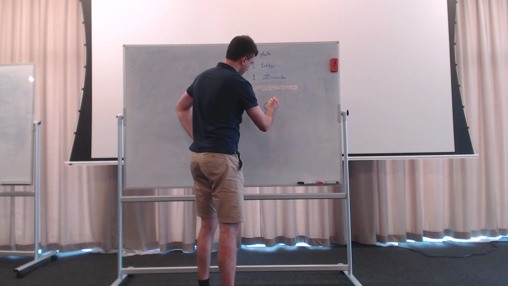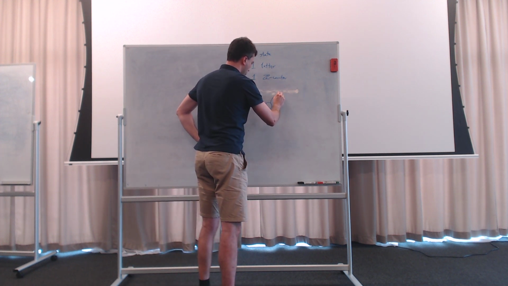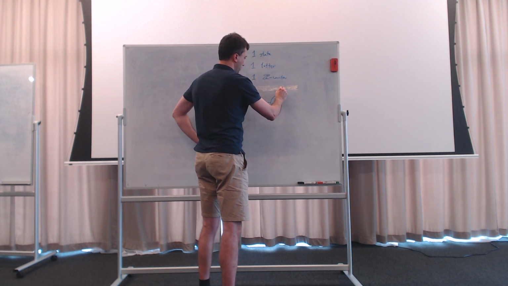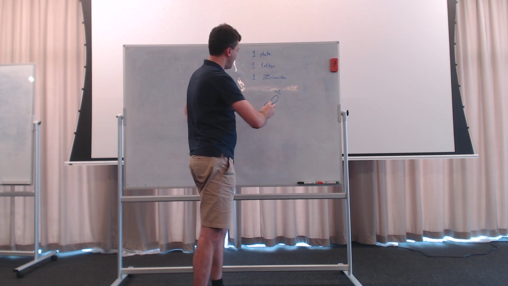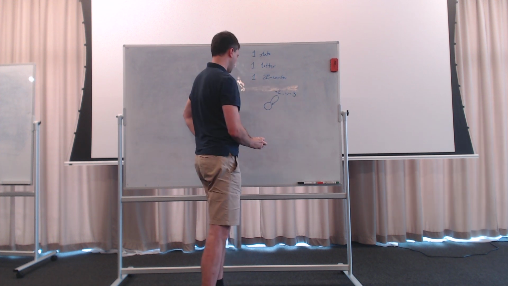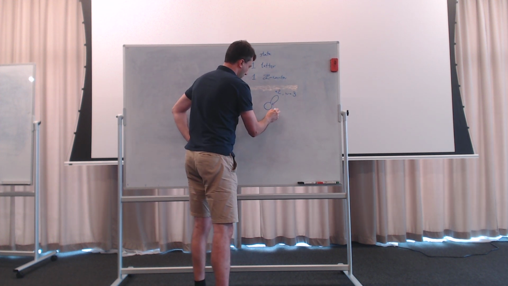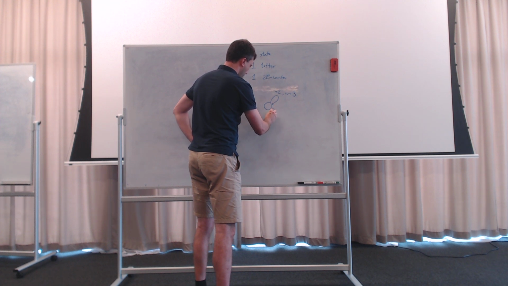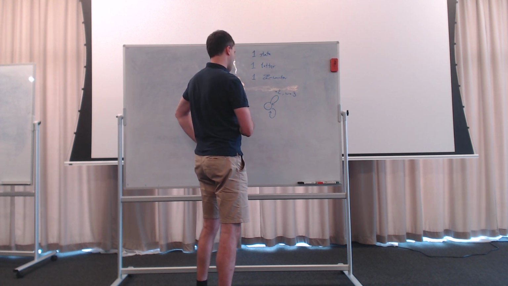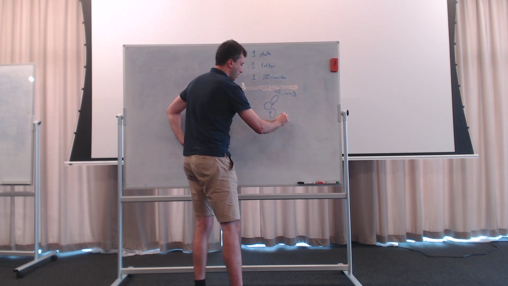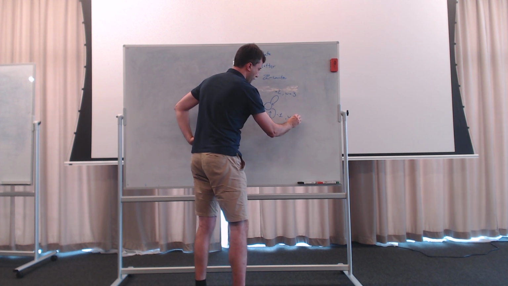And you may have transitions. For example, you increase your counter by 2, and you have weight, let's say, 3. You may have another transition which decreases your counter by 1, and your weight is 5.